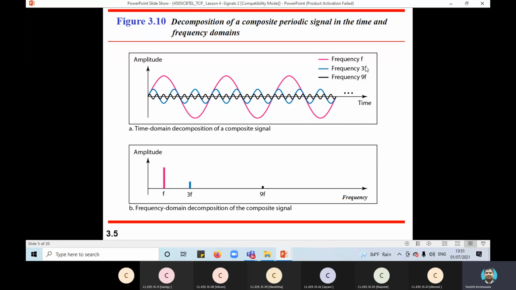Black color wave, the smallest amplitude: within one wave component, how many black waves do you have? 1, 2, 3, 4, 5, 6, 7, 8 and 9. So you have 9 smaller wave components. Frequency is high, 9 times f.